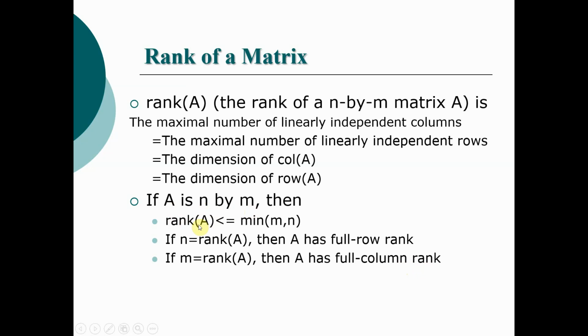If the rank of A is equal to the number of rows, we call it full row rank. If rank of A is equal to the number of columns, we call it full column rank. And for a square matrix, if A has n rows and n columns, if rank of A is equal to n, we call that matrix a full rank matrix. A has full rank.